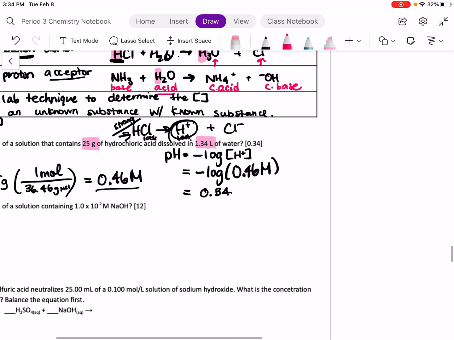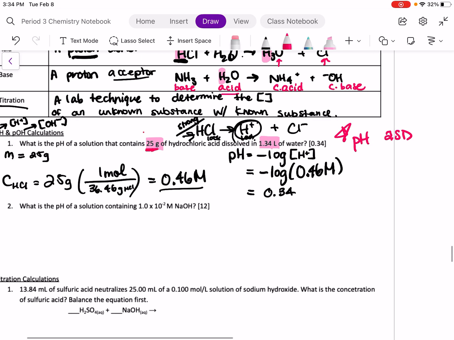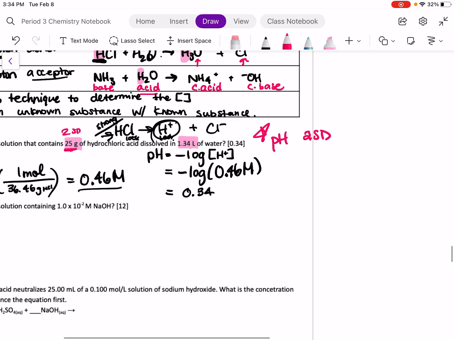An important SIG-DIG rule for our pH that we're going to just make a note of: whatever your SIG-DIGs were here, so from this question I have 2 SIG-DIGs as my smallest, that's how many decimal places we need in our precision for our final answer. So that's why we had it here.